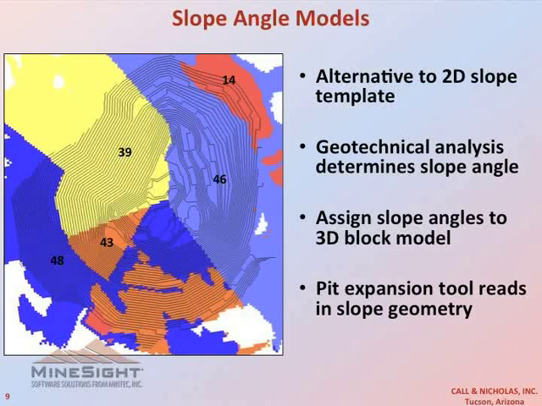This is typically based on what the wall orientation of the pits is and the geotechnical rock types or the actual rock type of the deposit. The slope angle model is an alternative to the 2D slope template, which is just a 2D thing, whereas when we're putting slope angles into the block model, it is truly 3D and follows the geology.